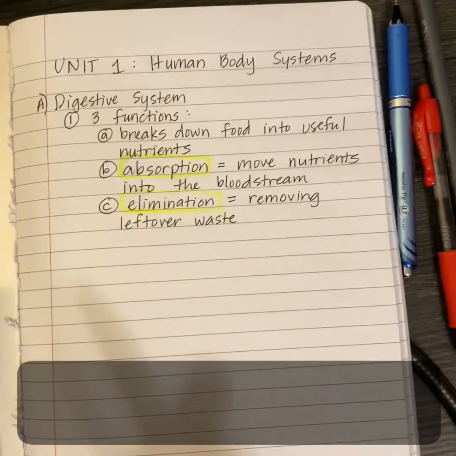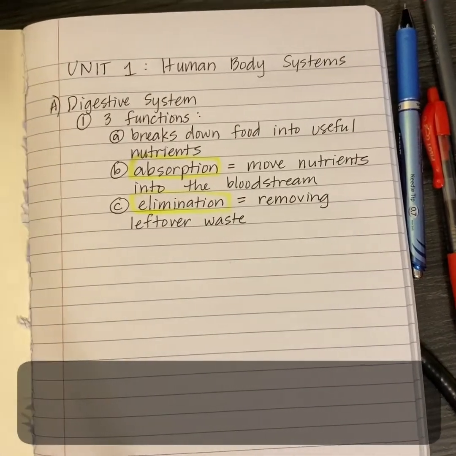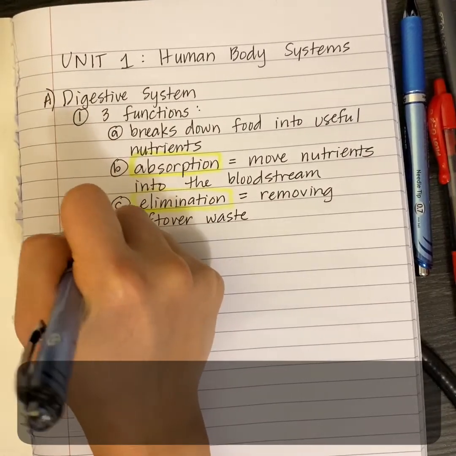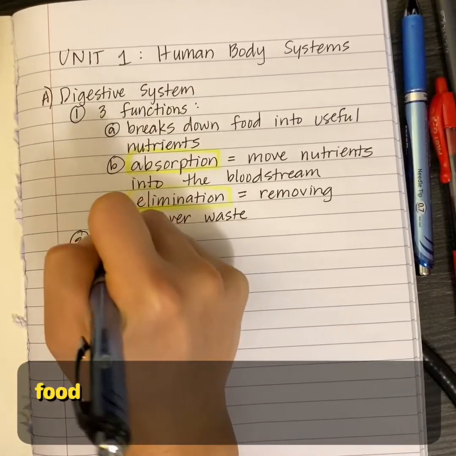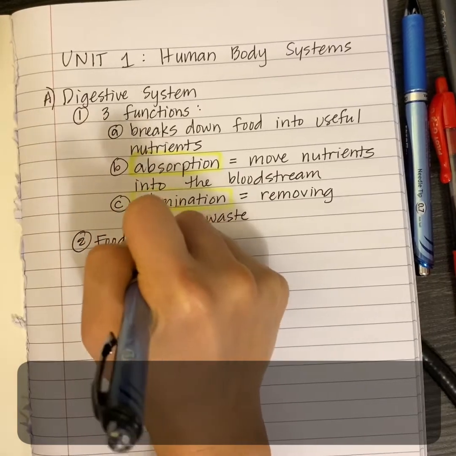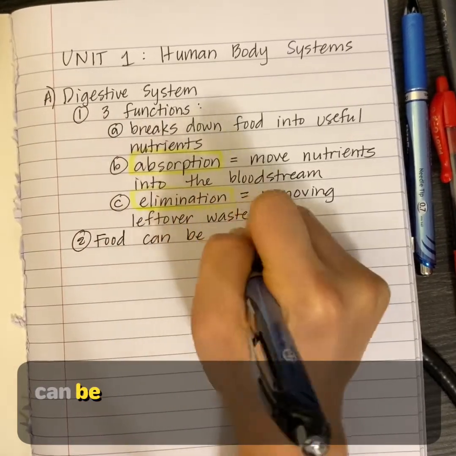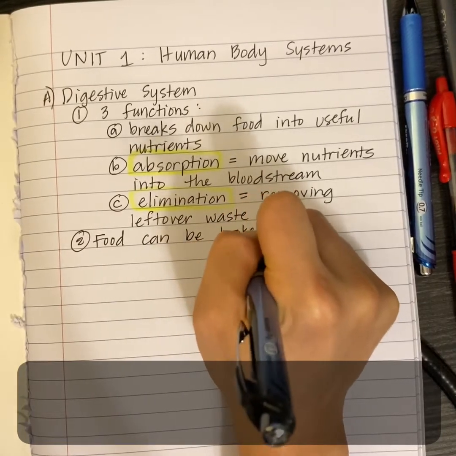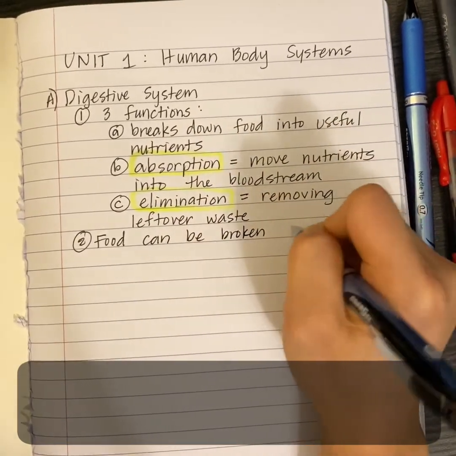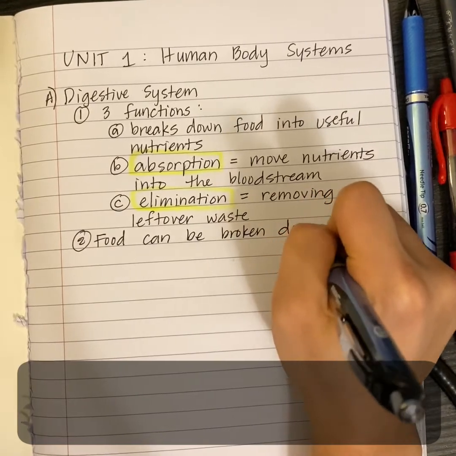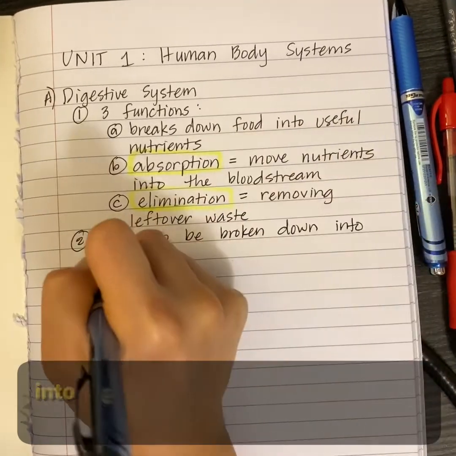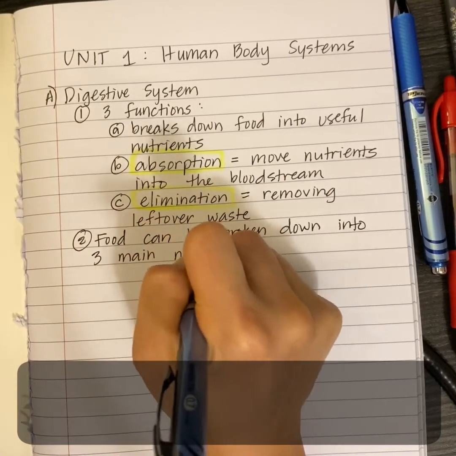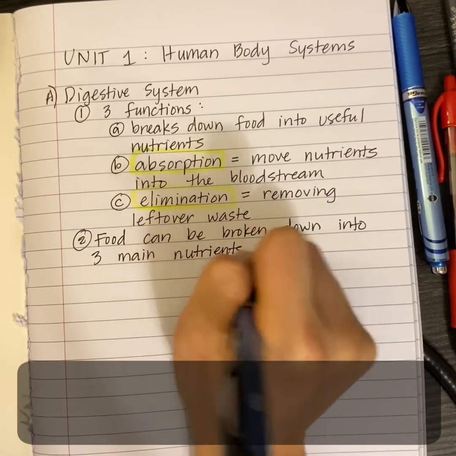Okay, and so next thing that we need to know is that food can be broken down into 3 main nutrients.